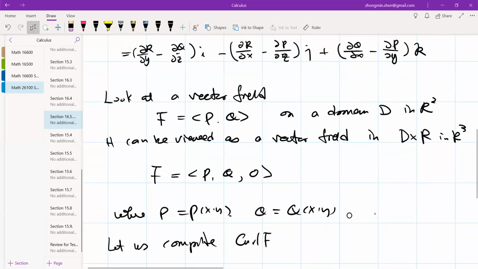I find that the coefficients of i and j are all 0. Because the last component is 0 and Q is independent of Z, the partial derivative of Q with respect to Z is going to be 0. Okay.